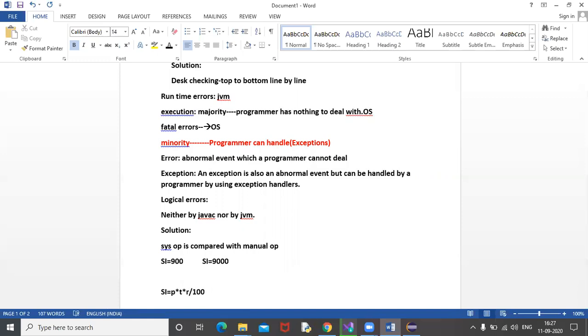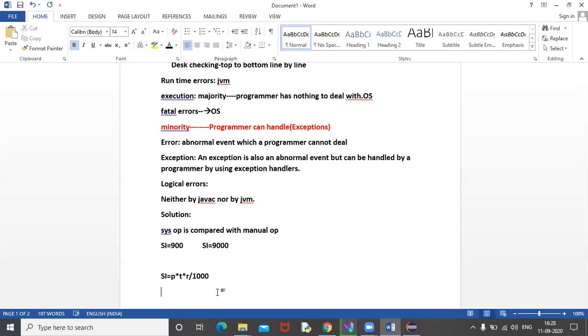This is the formula which I know. So for instance, maybe somewhere in the formula we might have made a mistake, so we get a lesser simple interest. That could be the reason. So logic we are going to check in those cases.